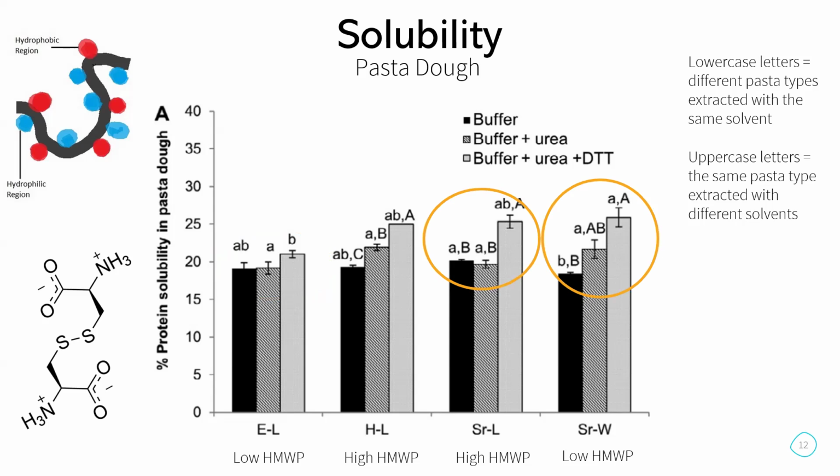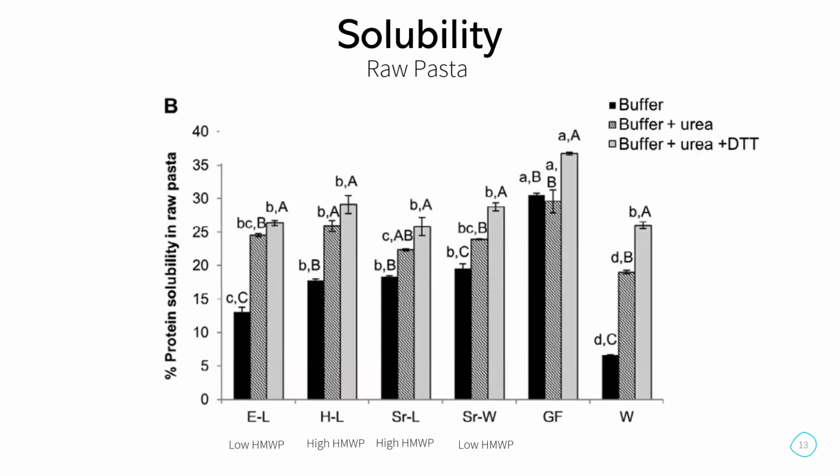The one that was low in high molecular weight prolamins doesn't have a significant difference between the urea and DTT or just the urea, but the one that was high in high molecular weight prolamins did have the significant difference, and same with this one. So the main takeaway here is that the samples that are high in high molecular weight prolamins are more stabilized by disulfide bonds compared to the ones that are not.